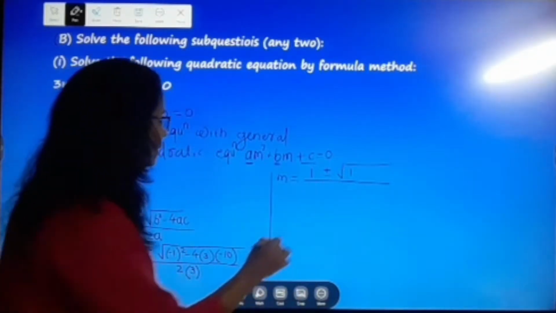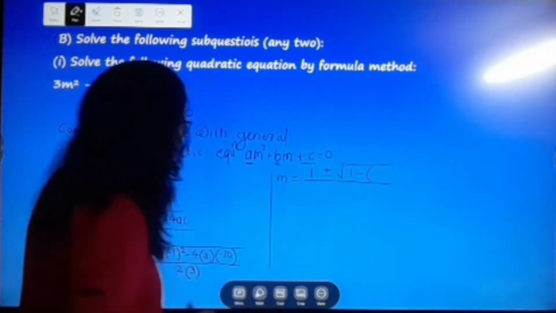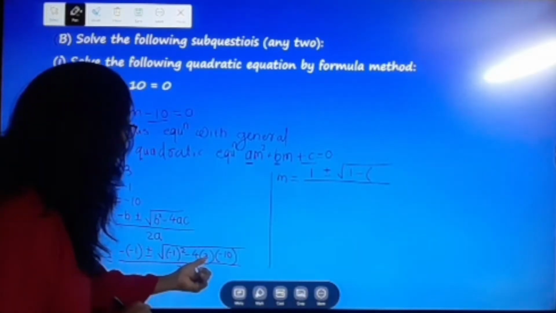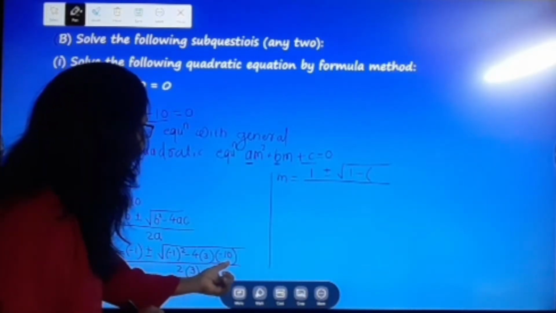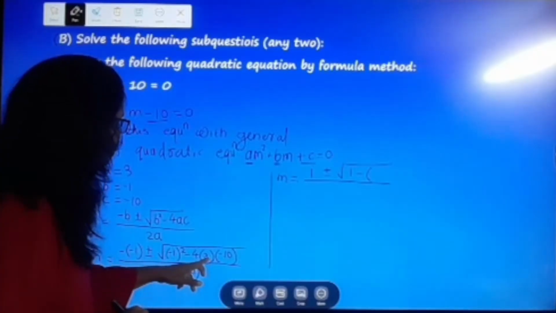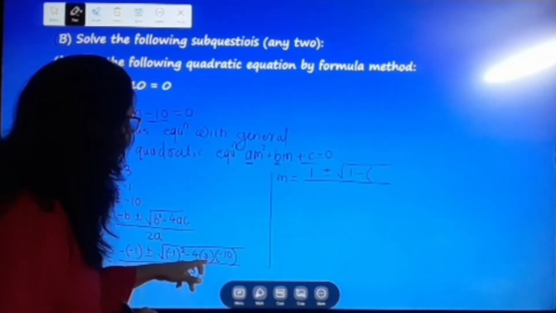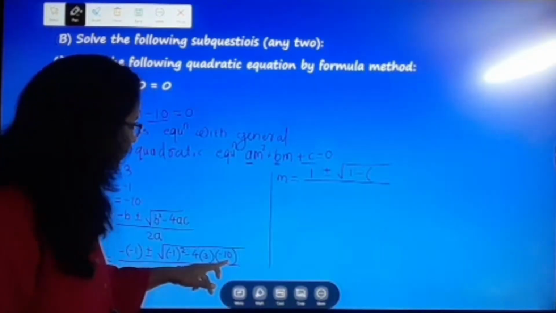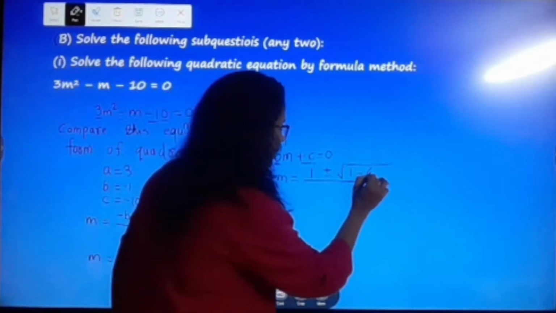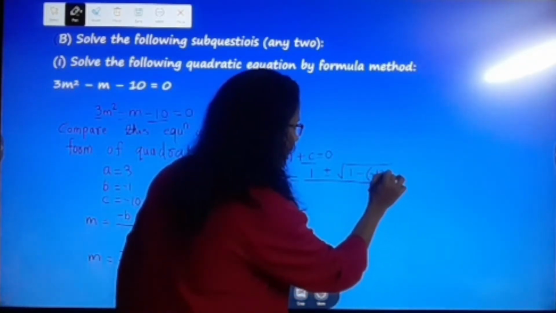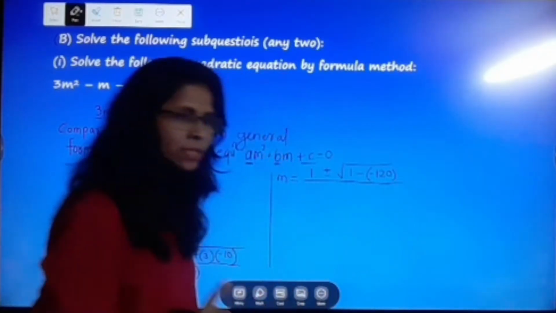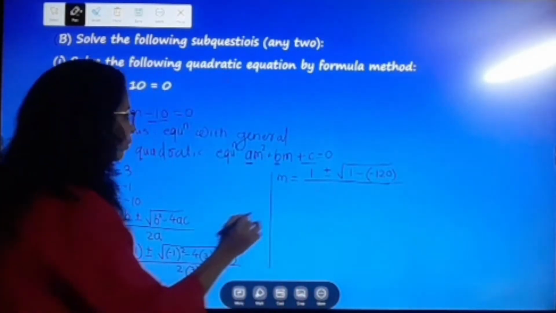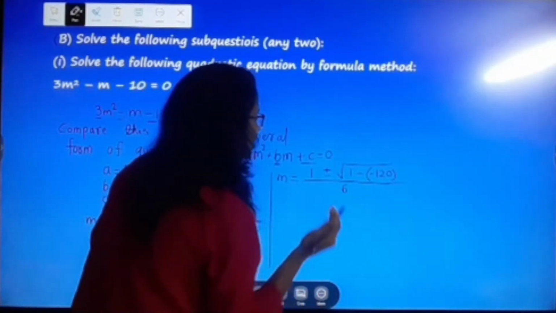Then here minus, and then here students 4 multiply 3 and then minus 10. So here 4 multiply 3, that means students here 12, and 12 multiply the 10, that means here minus 120, and divided by 2 multiply 3, and that means 6.